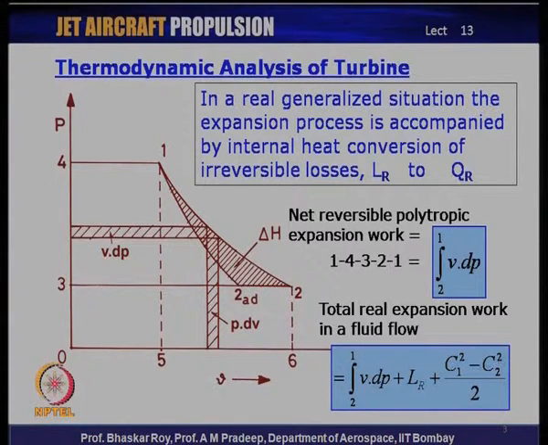Those are the terms that come when you have a flowing fluid through the turbine, as we normally have in jet engines, and loss is what occurs during the fluid flow through the turbines. This is how we can start making a thermodynamic analysis, and to begin with we are using the PV diagram.